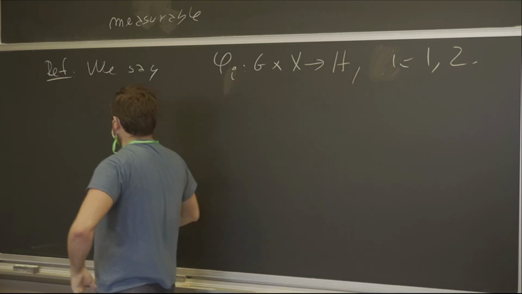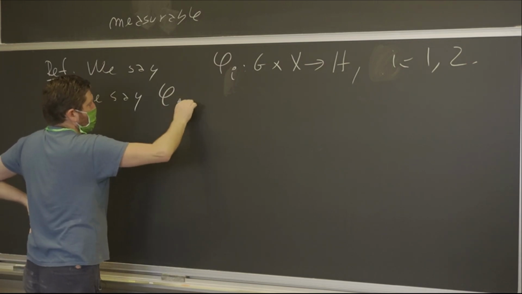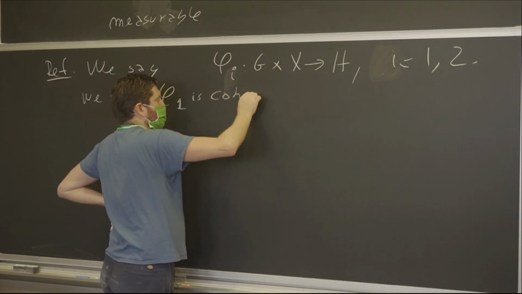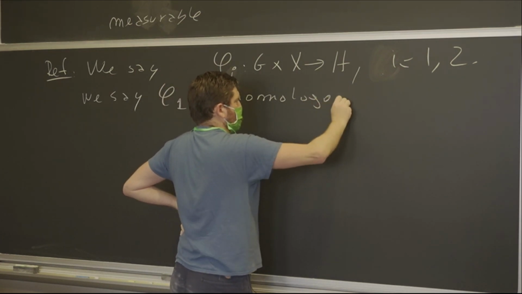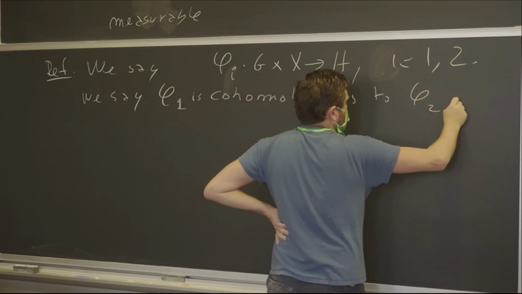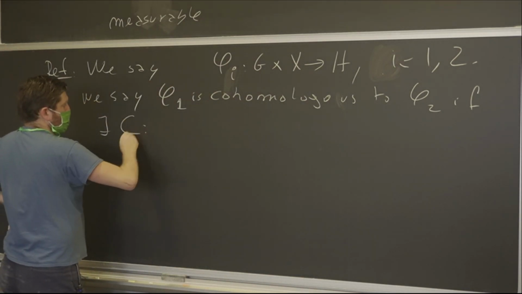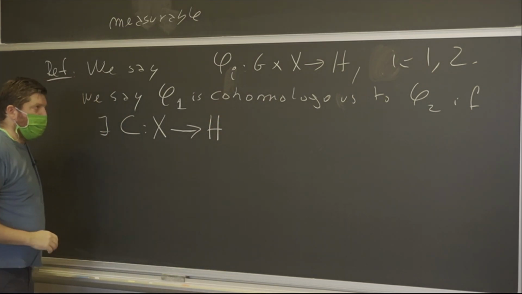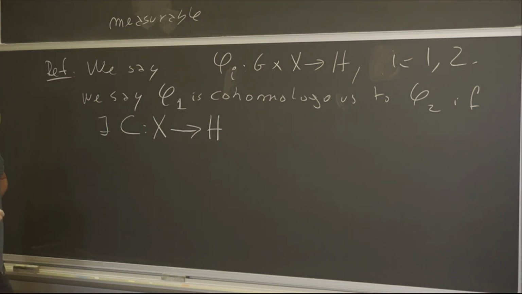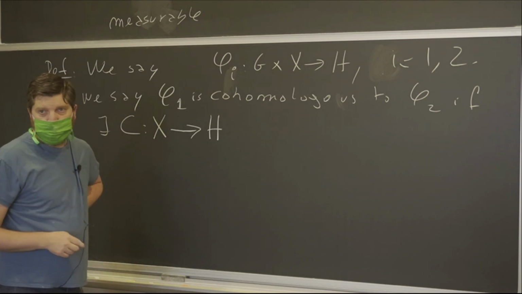We say phi 1 is cohomologous to phi 2 if there exists C, a transfer map, that conjugates one to the other, some change of basis type of map.